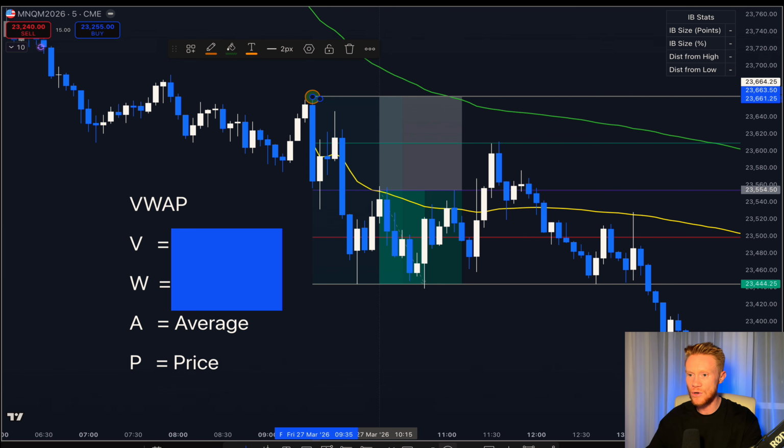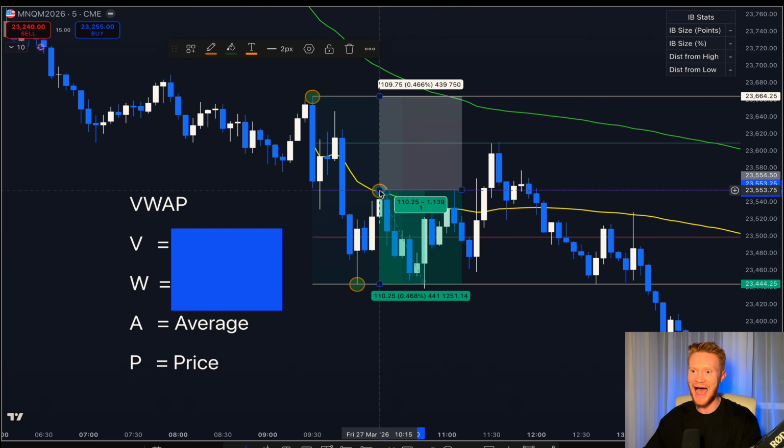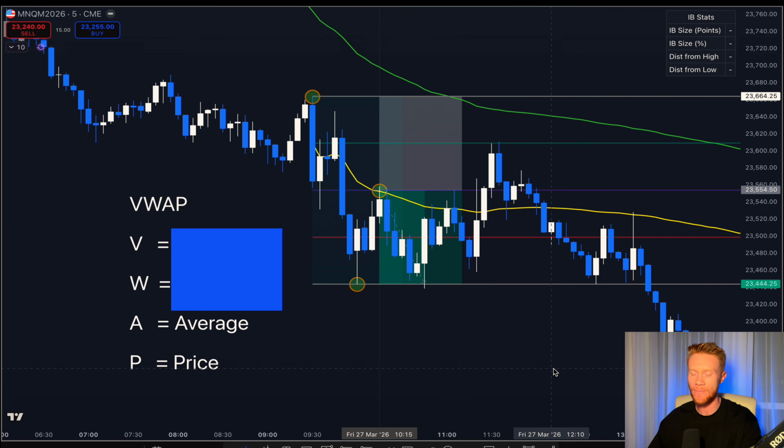And the low is here, the initial balance low, which is 23,443 roughly. And at the time of our entry here, you can see that the price is 23,553. So at the time of entry, this was the average price. You can see here it is bang on that VWAP when we get the entry.